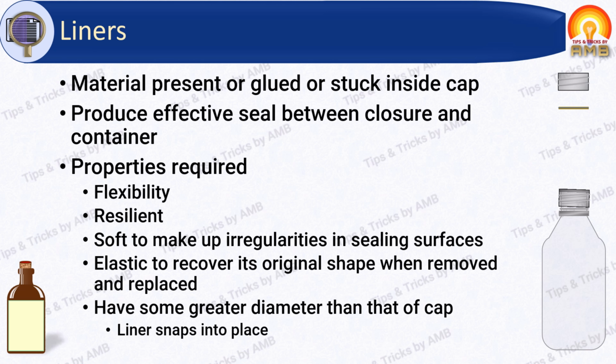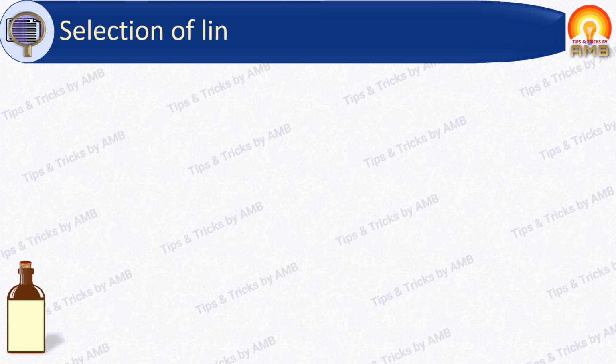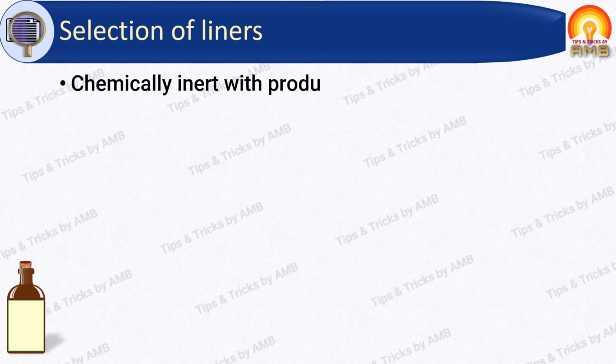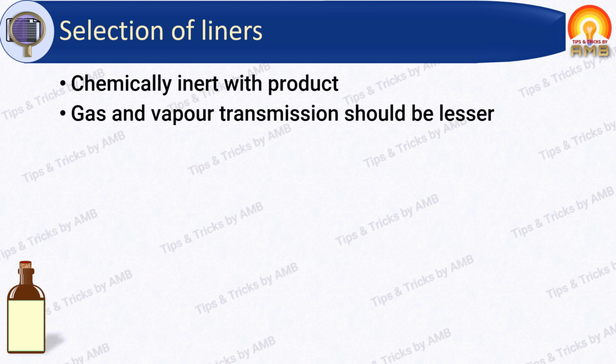Now let's discuss the selection criteria of liners. While selecting the liners, following points should be considered, as the liner should be chemically inert with the product. Gas and vapor transmission through the liner should be lesser.